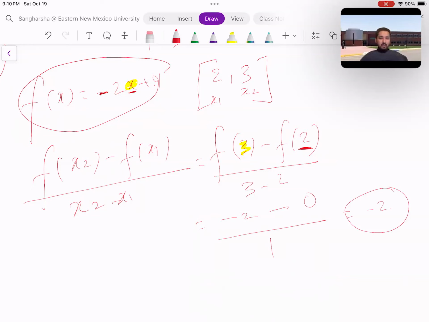The next is 91 and 93. What do we have in 91, 93? 91 is also the same, okay? You are finding the average rate of change, so I'm going to skip this one. In 93, given functions f and g, find each combination of functions and identify its domain.